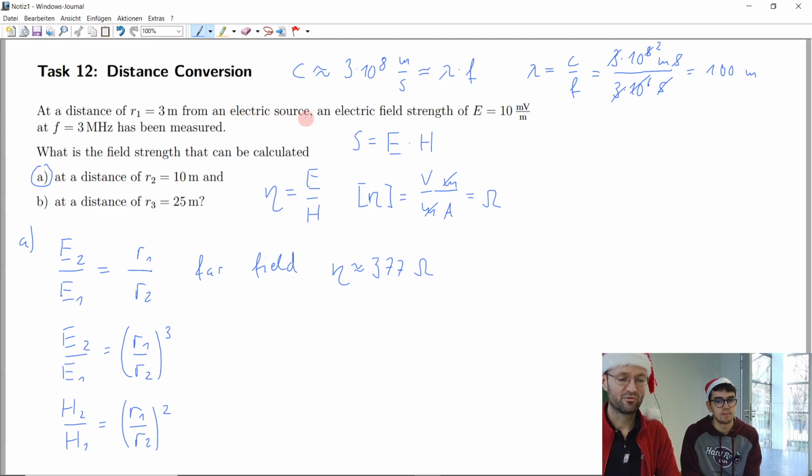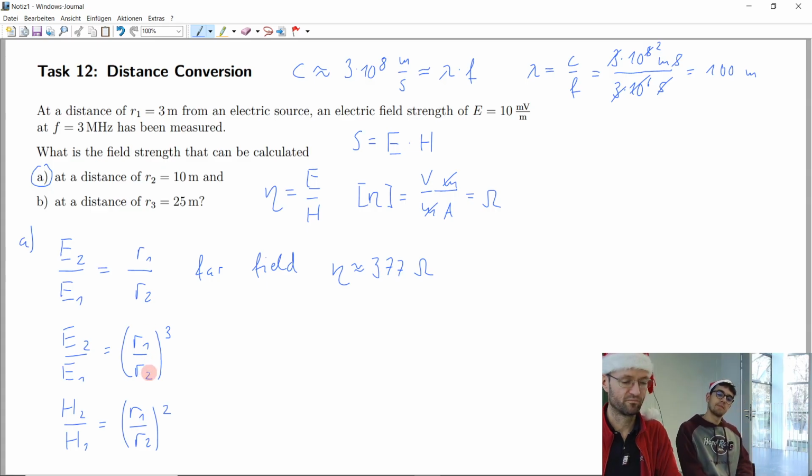Because we have some electric source. And what does electric source mean? It's some electric dipole, some Hertzian dipole. And so it means that if we go close to the source, we have much more electric field than magnetic field. Imagine we have a certain field strength at a certain distance, and now this R2 here is much smaller than R1.